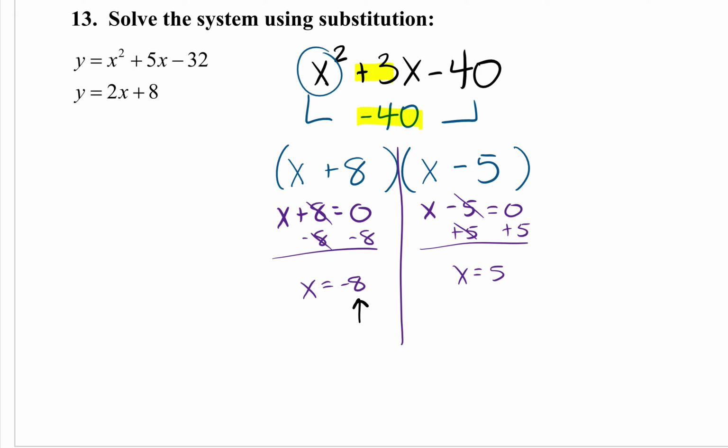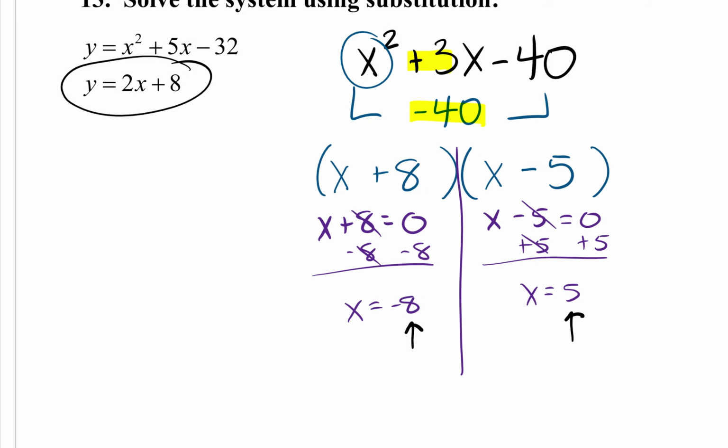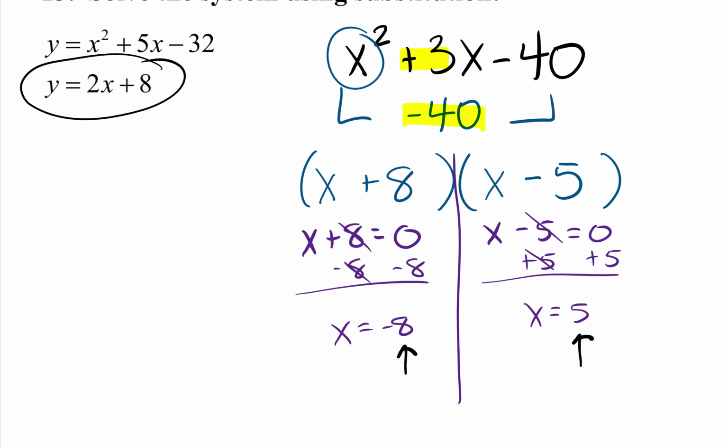We found x, right? We have two x's, but because this is a y equals, I gotta plug it into this equation. Alright, oh, I almost forgot. I'm so glad I remembered. But see, it happens to me too. Sometimes you just get into a problem and you aren't thinking about everything you need to do, and you forget. I forgot, no big deal. So I'm going to plug these in. So I have y equals 2 times x.